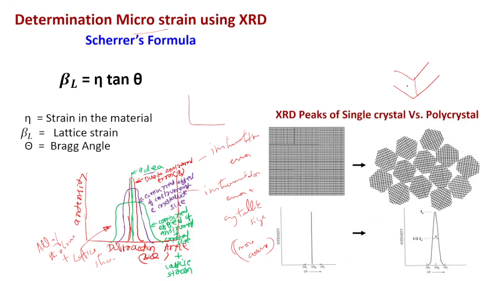That angular cutoff will be more in polycrystalline materials, so that will cause the peak to broaden. I know it's a little confusing, but this is just for your information.